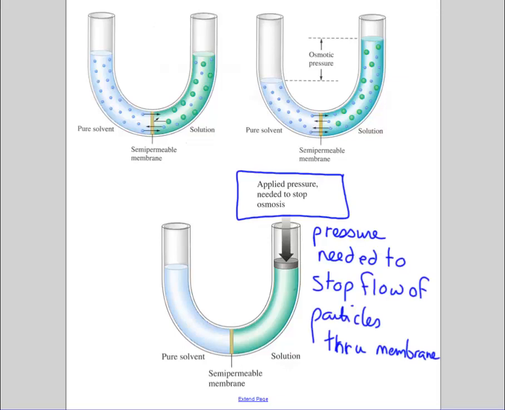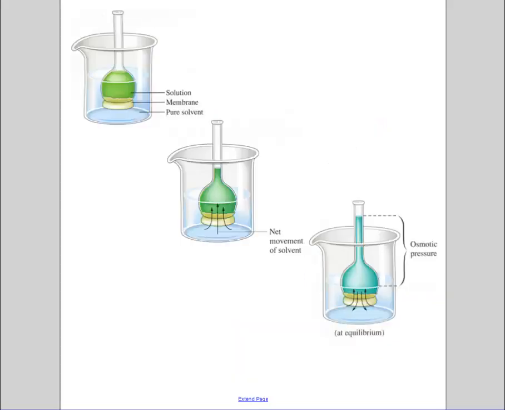Because again, as those particles flow through the membrane, they're going to change the vapor pressure above the solvent and solution portions, especially the solution portion. So if I apply a certain amount of pressure, I can prevent that flow of particles because I'll prevent the change in vapor pressure.